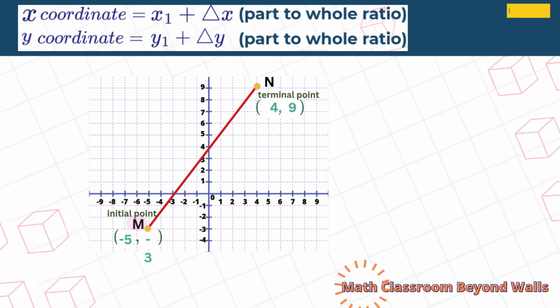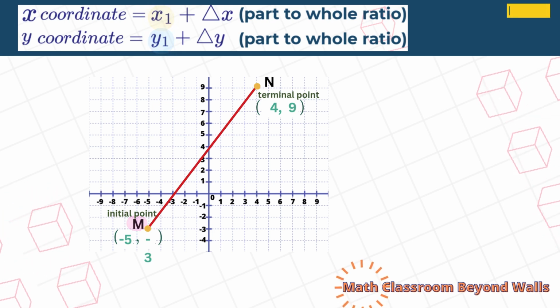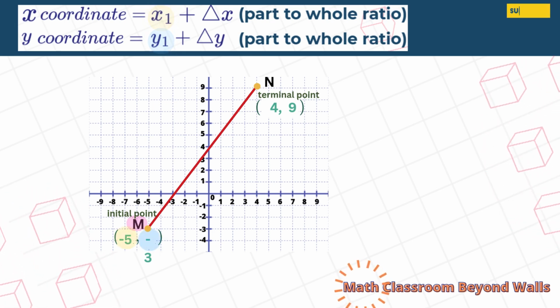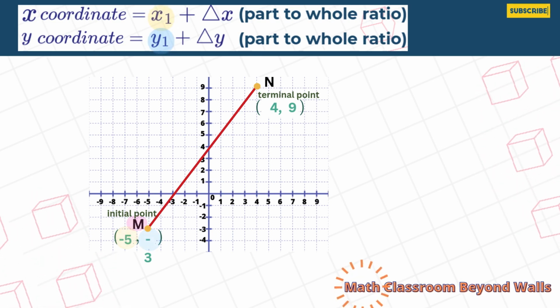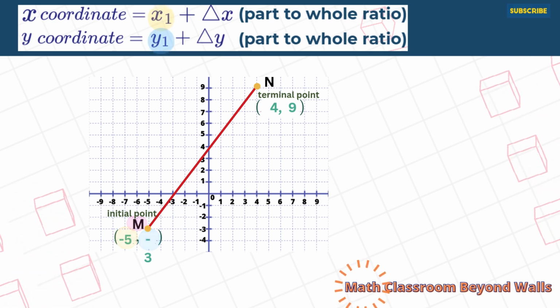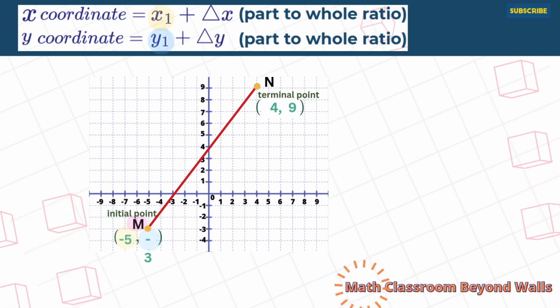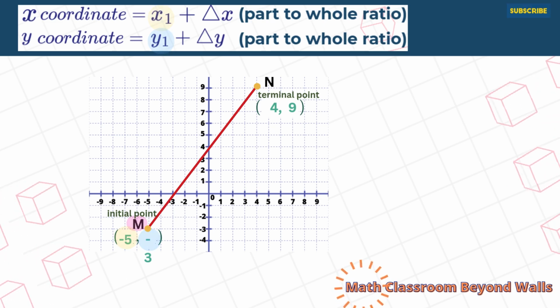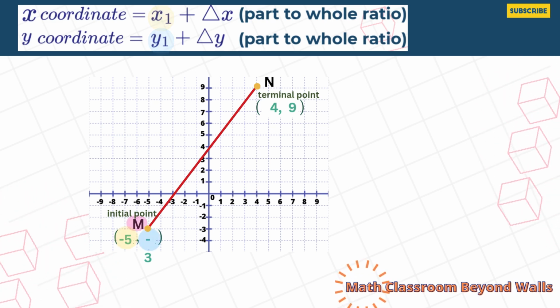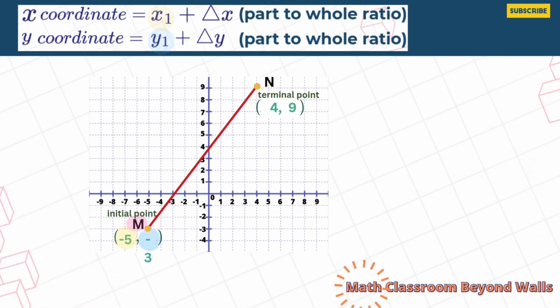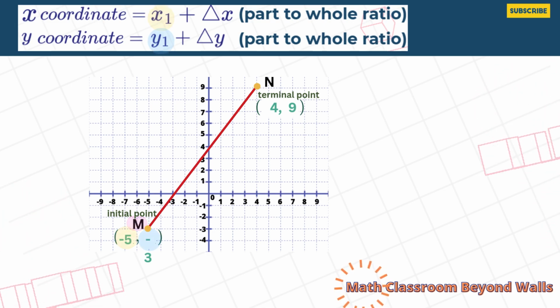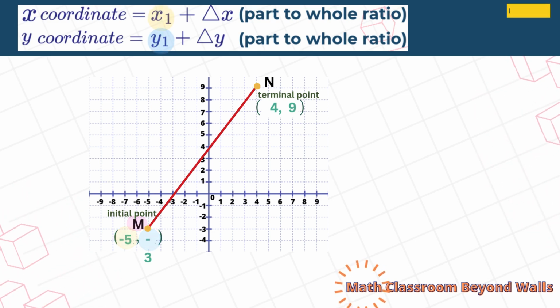So in the formula, x1, y1 will be replaced with the coordinates of the initial point. Can you follow, learners? Thus, identifying the initial point correctly on the directed line segment is important. Remember that the first letter of the directed line segment's name represents the initial point if no direction is indicated.